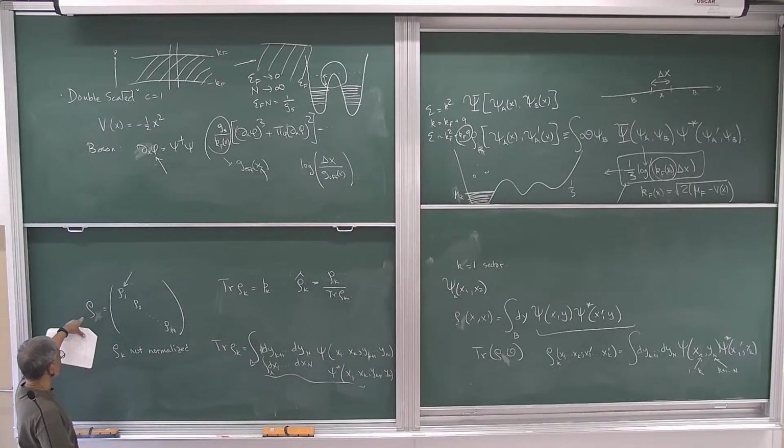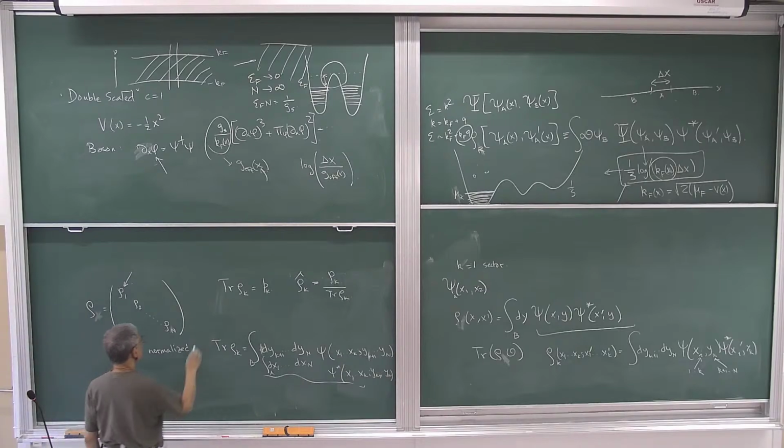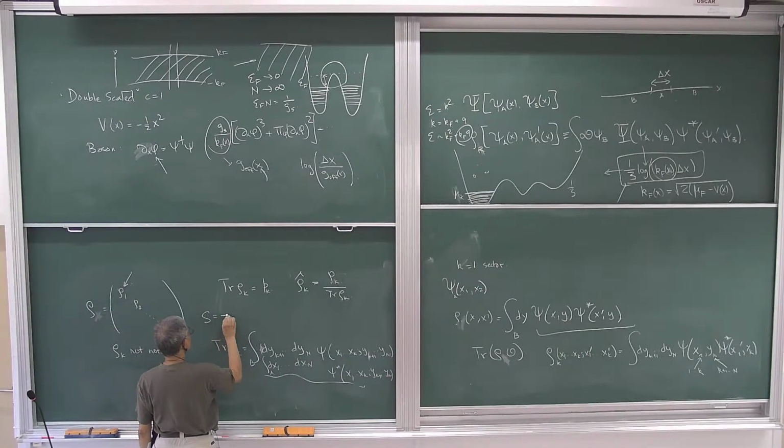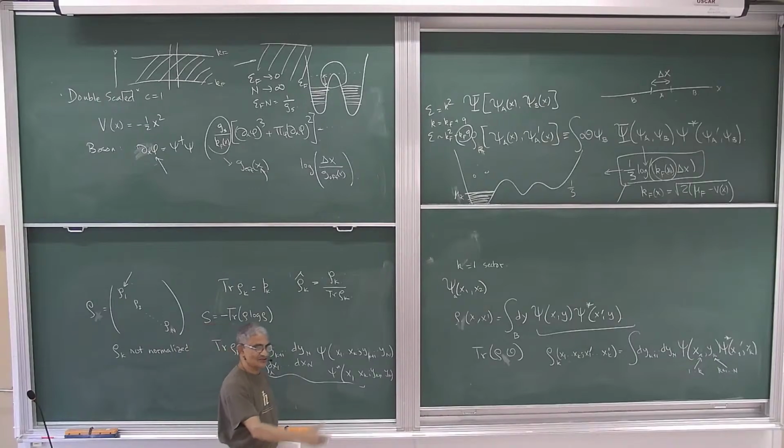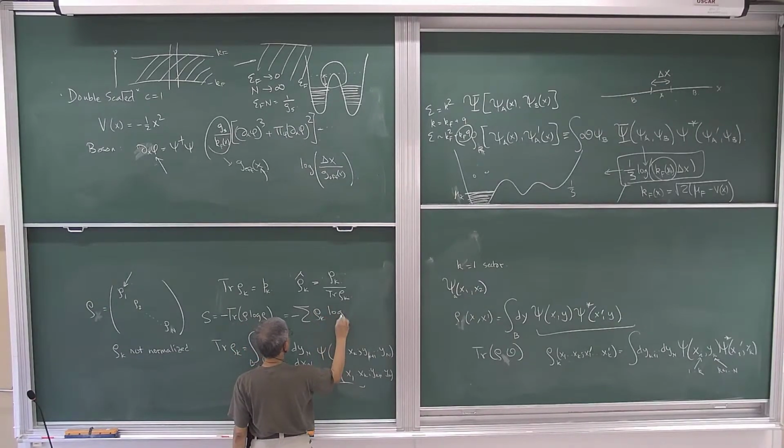And if I start with calculating with this density matrix, the entropy is trace rho log rho. This trace breaks up into traces of one particle, two particle, three particle things. That's a sum over rho k log rho k.